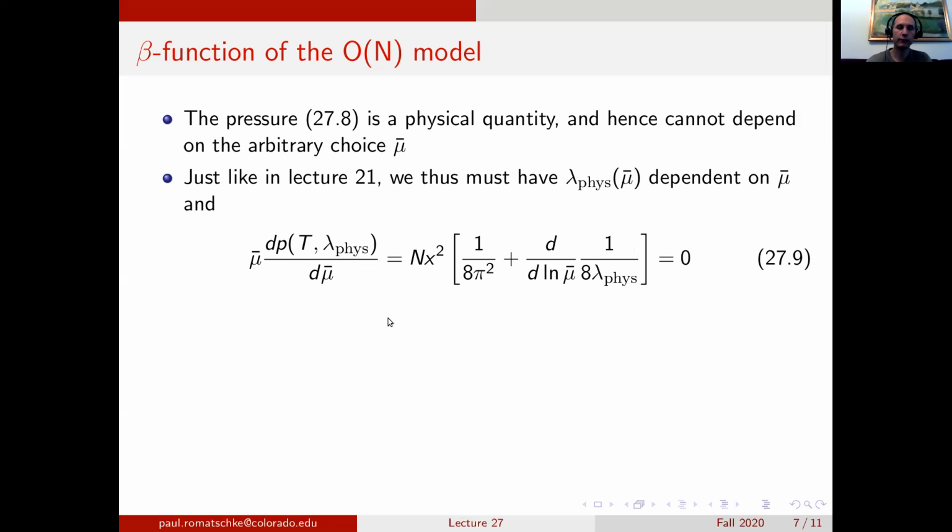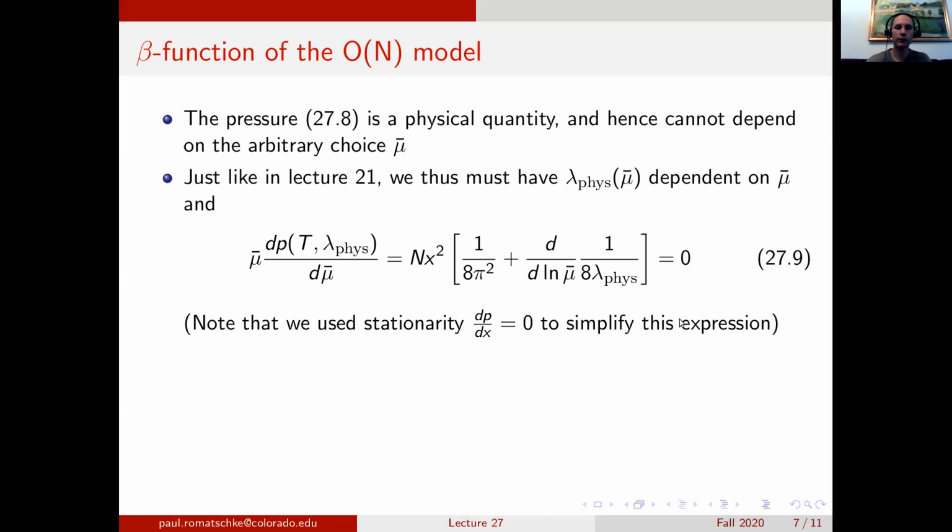So we find that if we impose that a physical quantity cannot depend on mu bar, this gives the following condition on the coupling constant lambda physical. I just want to note that in order to get this simple expression, it is best to use the stationarity condition, because in addition to the usual pressure, we have the condition on the saddle point, which is precisely this derivative here, in order to simplify what we write down.